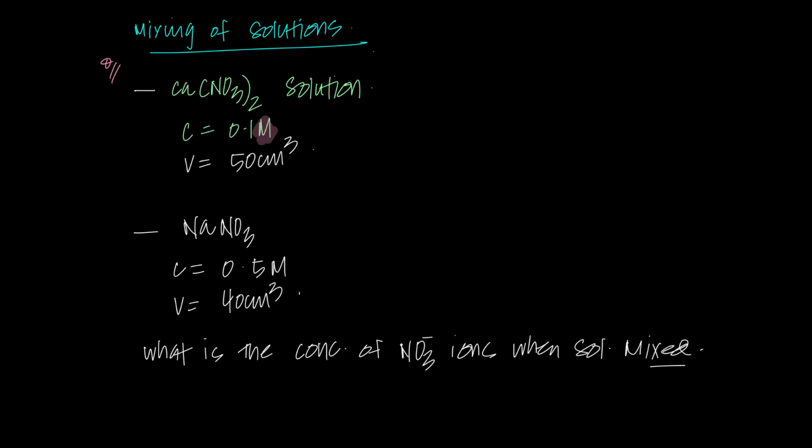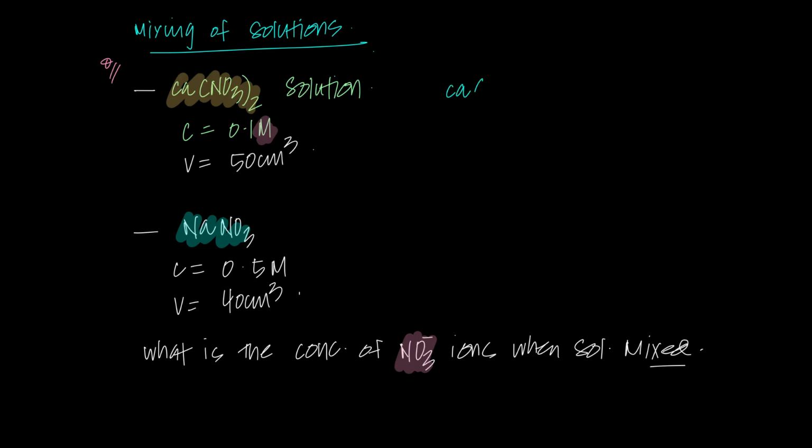We learned the entire logic behind it. I need nitrate, but I'm given sodium nitrate and calcium nitrate, which means I need a balanced equation connecting calcium nitrate to the nitrate ions, and sodium nitrate to the nitrate ions. We already know it.